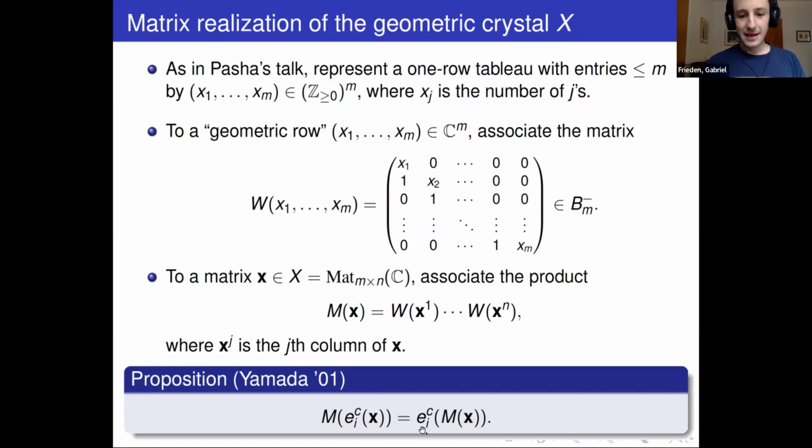So in a sense, this is telling you that these complicated formulas that describe this action can actually be viewed in a very natural way as coming from just multiplication in the group GLm.